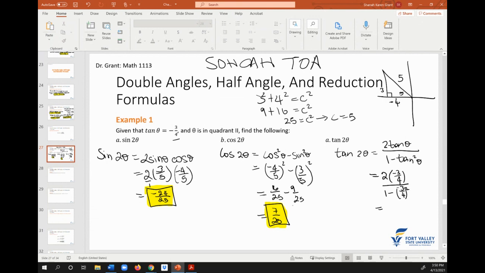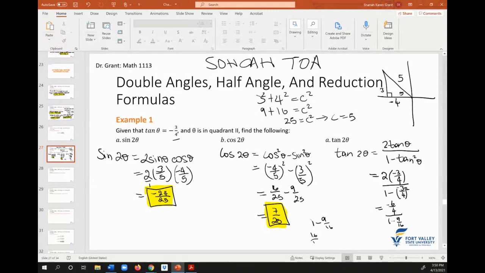So this becomes -6/4 divided by 1 minus 9/16. So we have 1 minus 9/16.